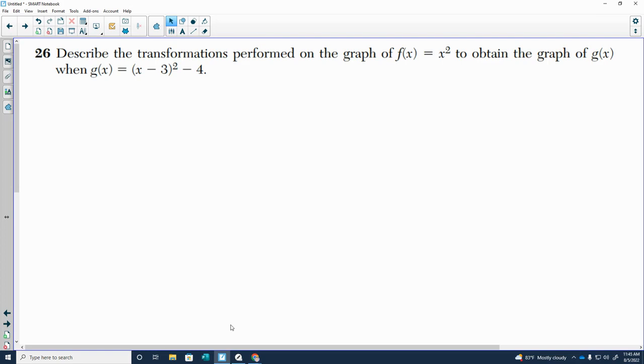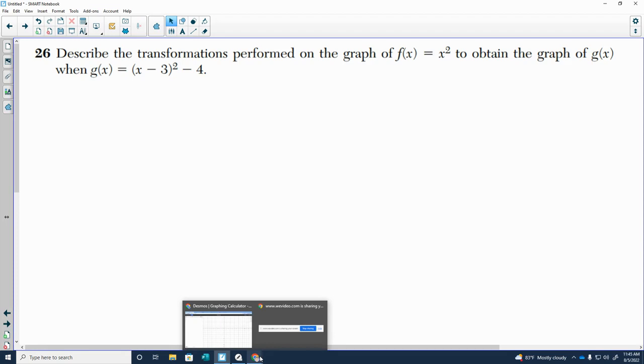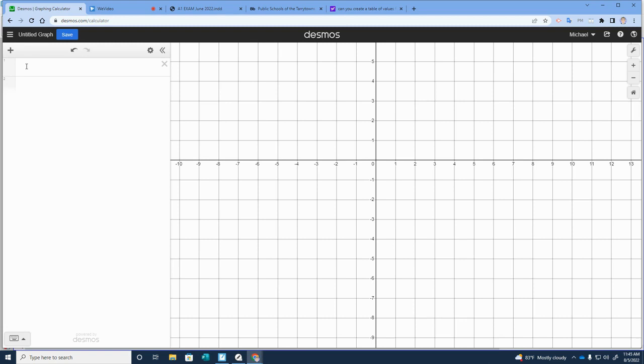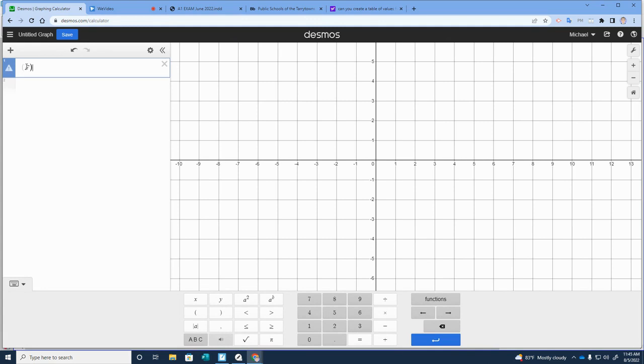So the first thing that I'm going to do whenever I'm given functions, I'm going to enter them both into my graphing calculator. So I'm going to go right now to DESMOS, and I'm going to click into the upper left part of my screen where I enter functions. I'm going to put f of x is equal to x.